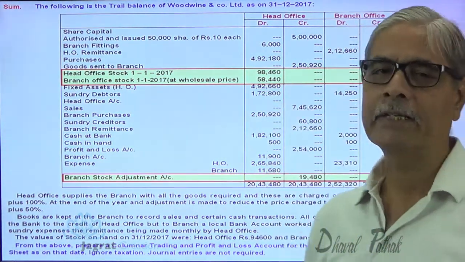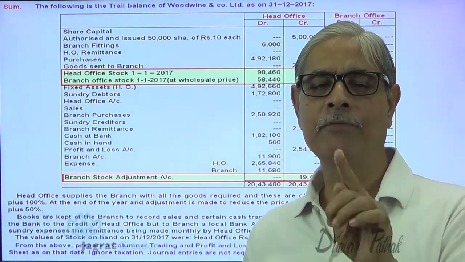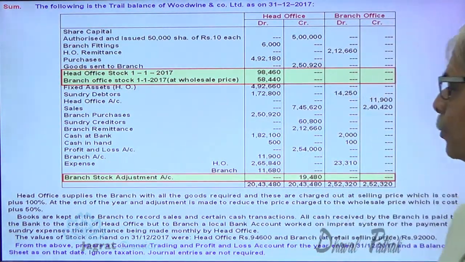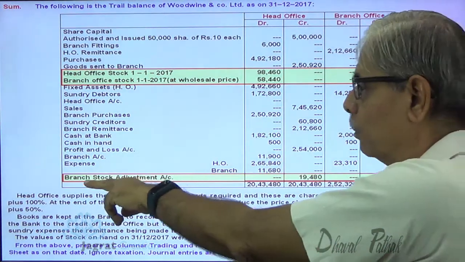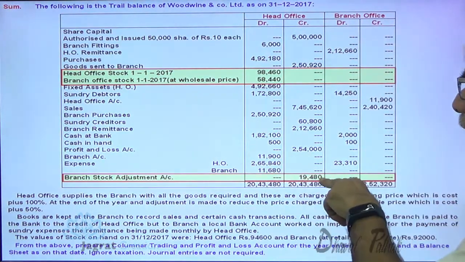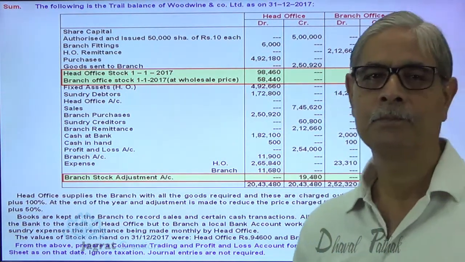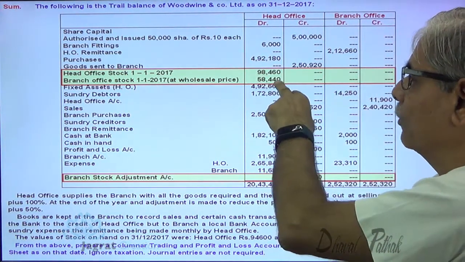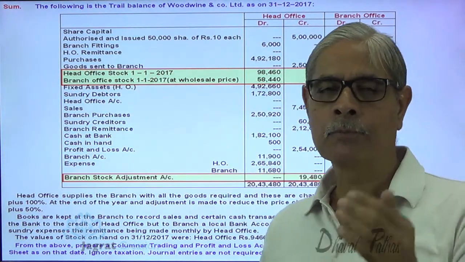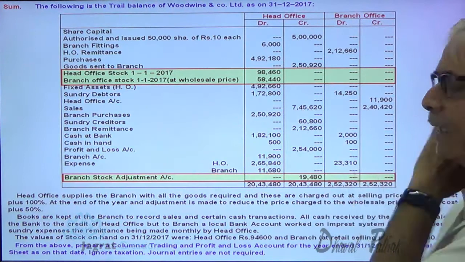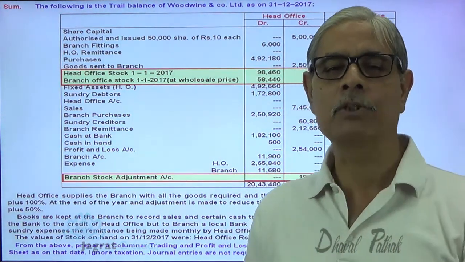So for 58,450, you work out 58,450 into 1/3, that is 50 upon 150. That is the stock reserve. So the branch stock adjustment account 19,480 is the profit element in this stock. So 58,440 is the branch stock, and the profit element or stock reserve therein is 19,480. That is the opening stock reserve.